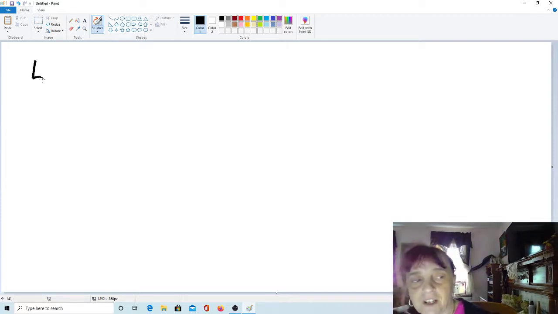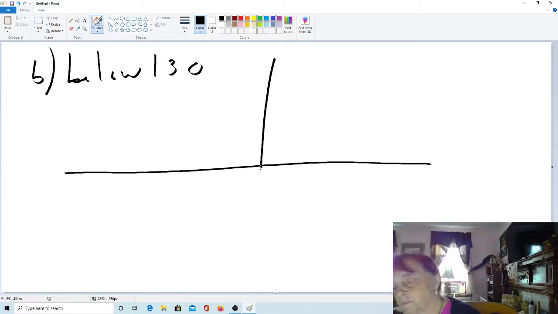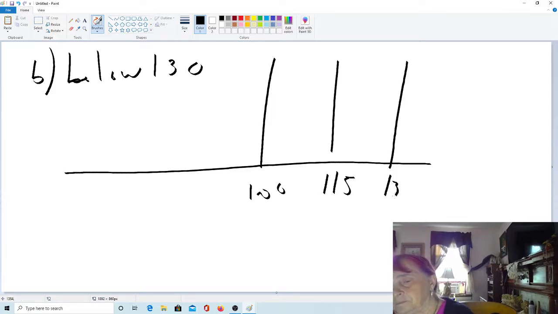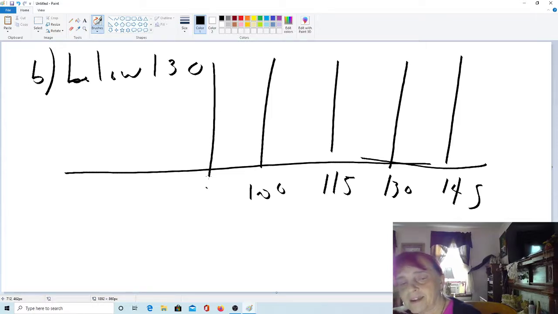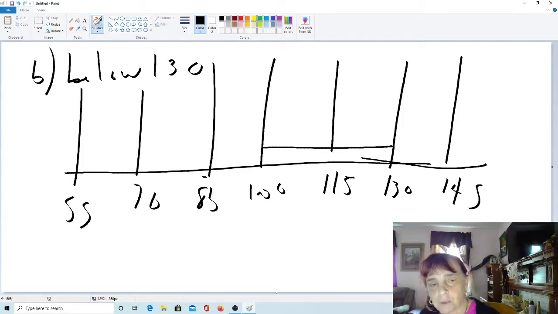Okay, below 130. We do the same graph. Here's the mean, which is 100, 115, 130, 145, and 85, 70, 55. Below 130 will be all those percentages.